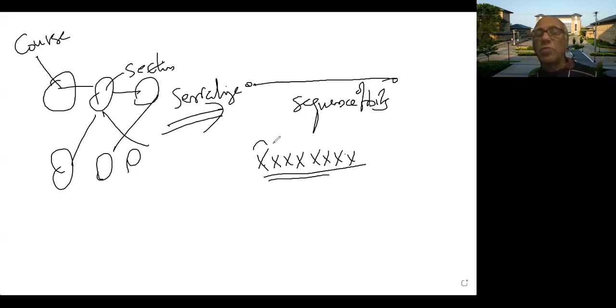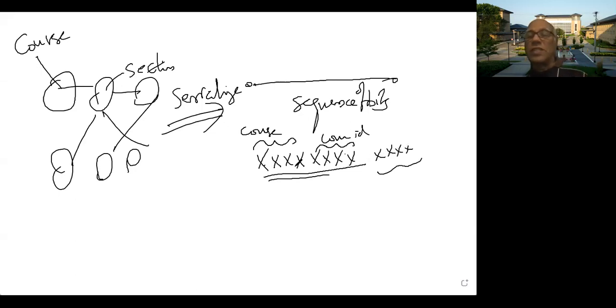For example, there might be some information that says this is from a course object. This might say this is the course ID. So somehow it has to have some way of representing all this information in the sequence of bits, the type of the object, the values of the fields, and so on.